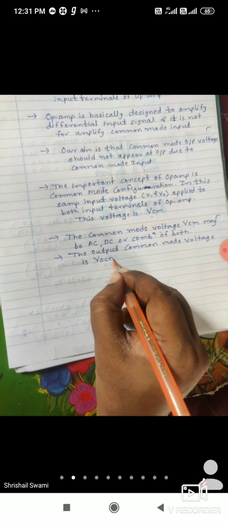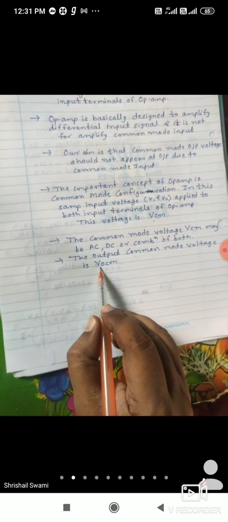Now the output common mode voltage we can consider is VOCM. VO means output, CM for common mode. Here it should be VICM but VCM will do. Input common mode voltage is denoted as VCM, and output common mode voltage is denoted as VOCM here.